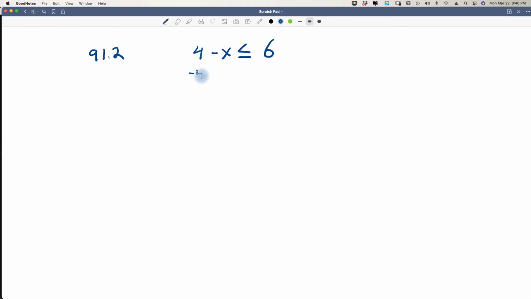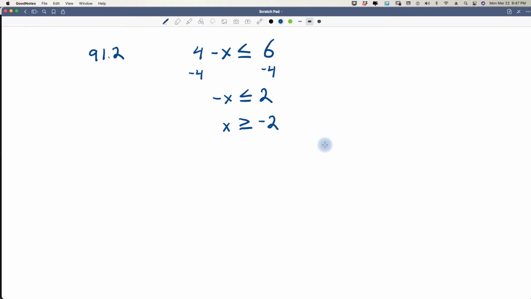So we subtract 4 from both sides. That gives us -x is less than or equal to 2. Again, we don't like a -x, so we're going to multiply and flip. So -1 times -x is x is greater than or equal to -2.